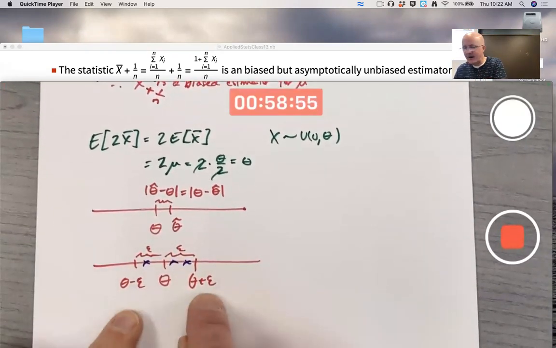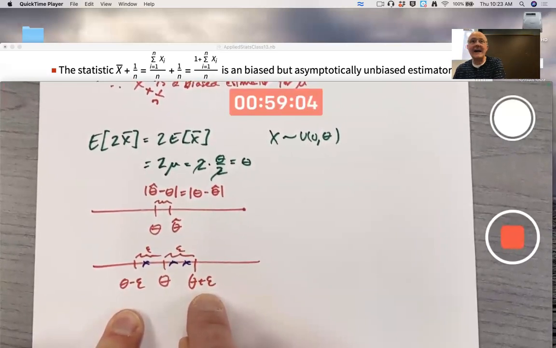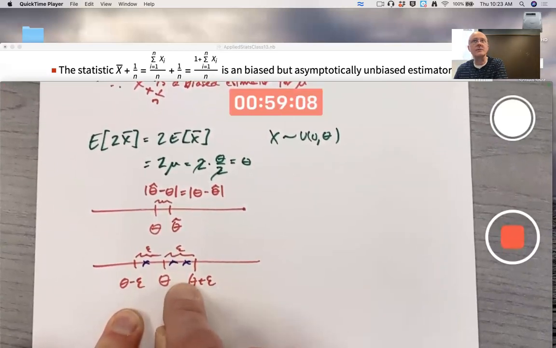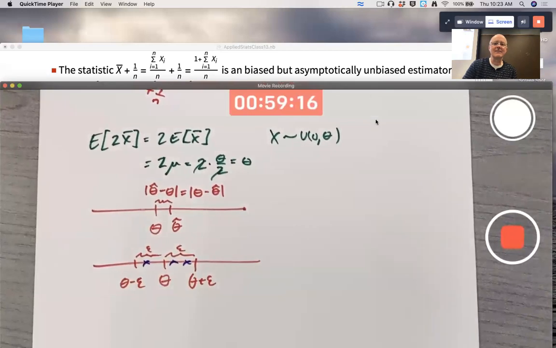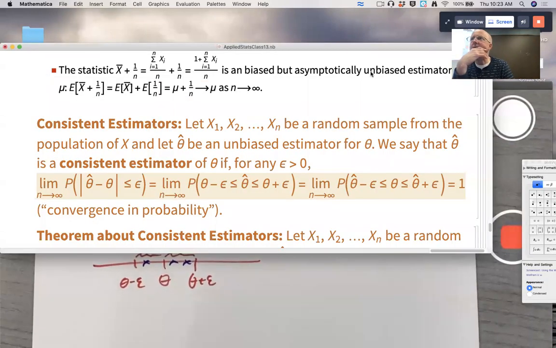No matter how small epsilon is, 10 to the negative 3, 10 to the negative 1,000,000, doesn't matter how small, if n is large enough, in all likelihood, the observed value of theta hat will be in the interval if theta hat is consistent. I did a bad job with that. That was a bad mistake. I wasn't thinking clearly about concepts. I was just typing without thinking, and I made a mistake in my typing.